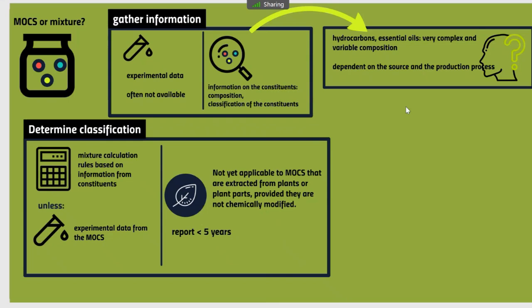And in the CLP revision, it is mentioned that there will be a report written within 5 years that would conclude how to deal exactly with these type of MOCS. So it's possible that in the future, when this report is published, the MOCS in the end will follow the exception on the CMR classification, for example, but they can also introduce maybe even additional rules. We don't know yet. So this report will be published within 5 years.